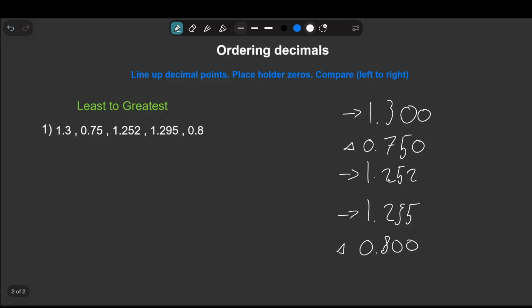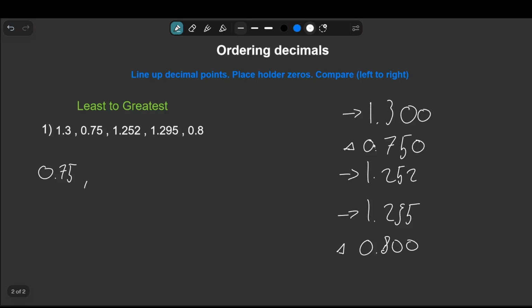So we know that 8 is larger than the 7. So the 7 is the least of all of them. So we put this one here, 0.75. We don't have to place the 0 because we got it without the 0, and this is just a placeholder. So that's our first one.